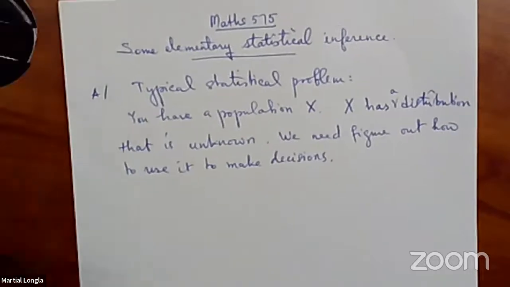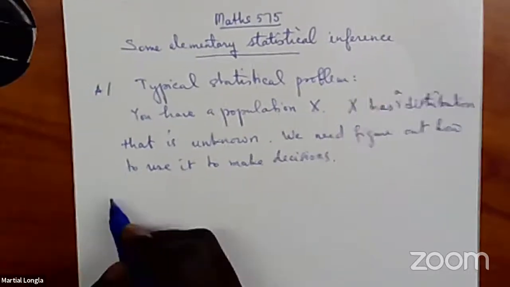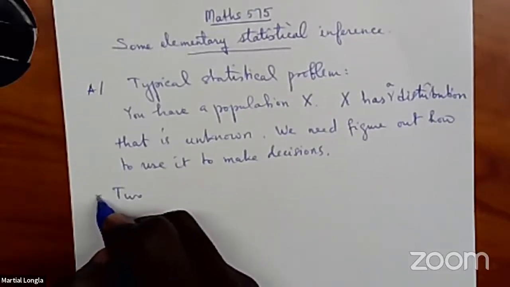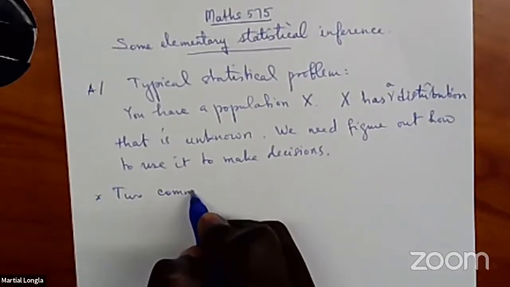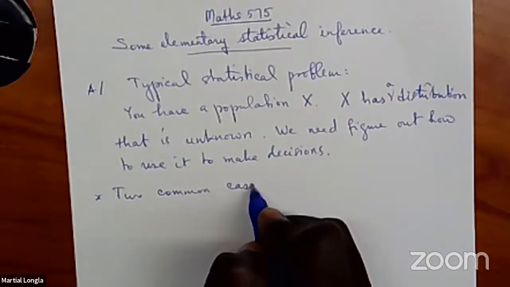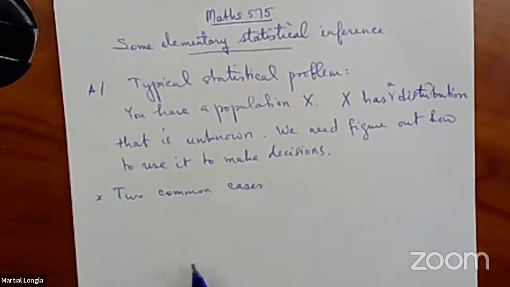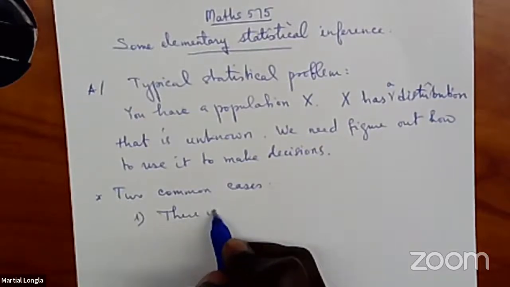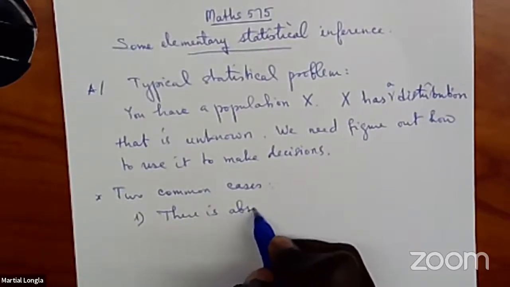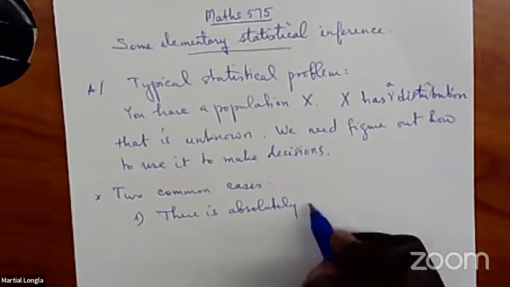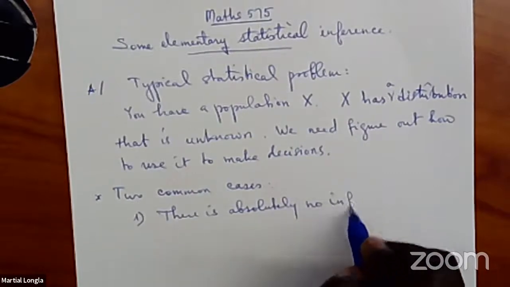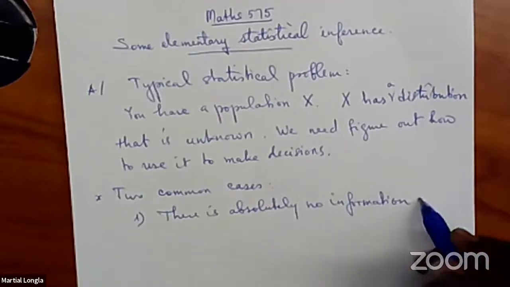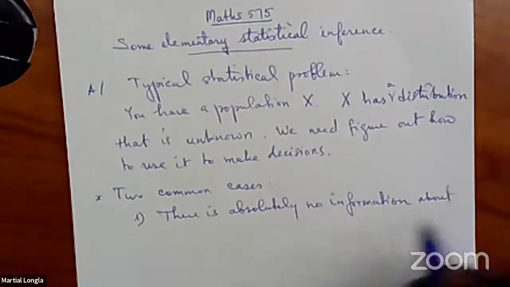So now we have two common cases. First one is there is absolutely no information about the distribution.